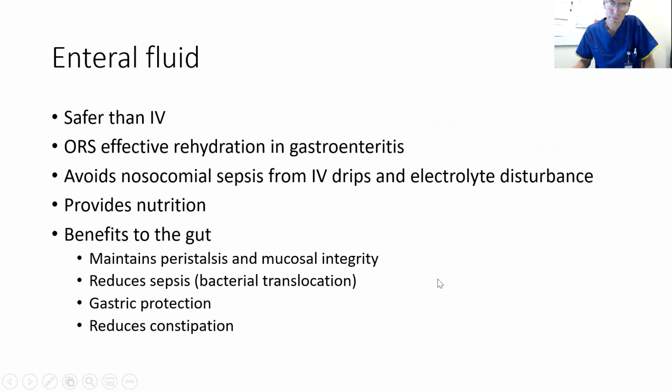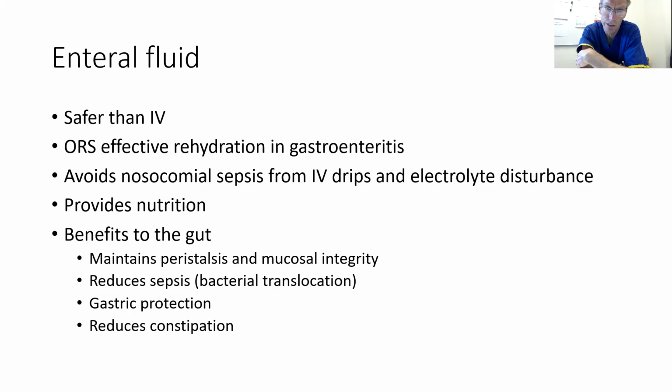Okay. It's always safer to give enteral fluid rehydration than it is to give IV rehydration. And I guess in patients with severe dehydration, sometimes they need intravenous rehydration. Often they need IV rehydration.